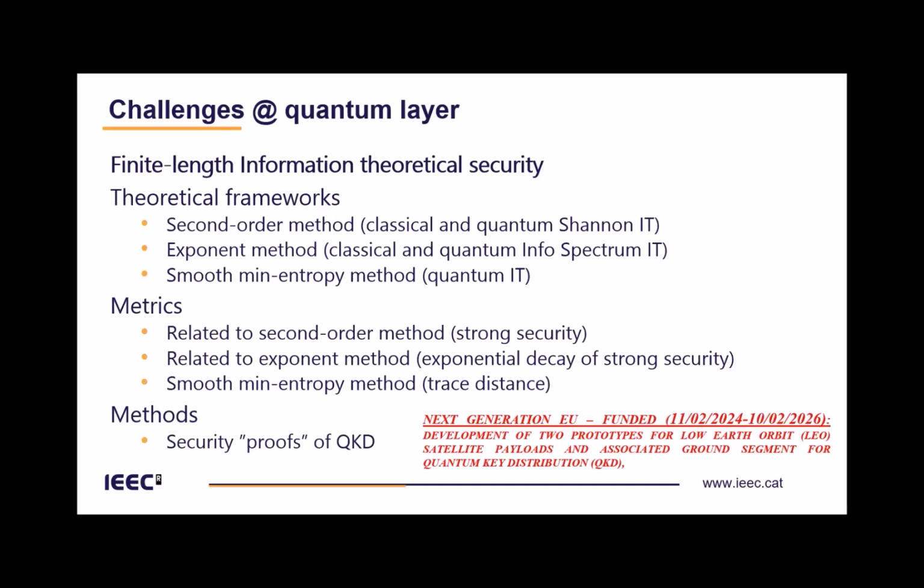Okay, and for me, for example, I am now in this national project to build QKD over a LEO satellite, and again, I am concerned about how to guarantee the security of the system, and then we need to navigate around all this. So this is a challenge only in the quantum layer.